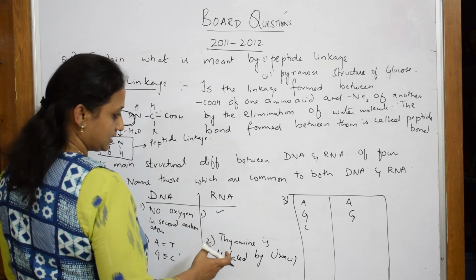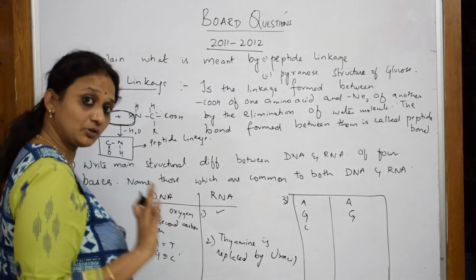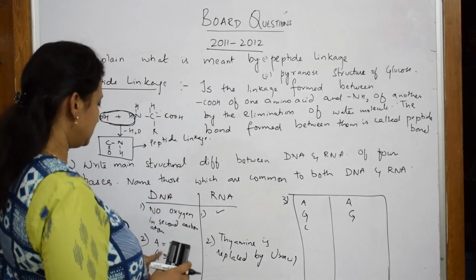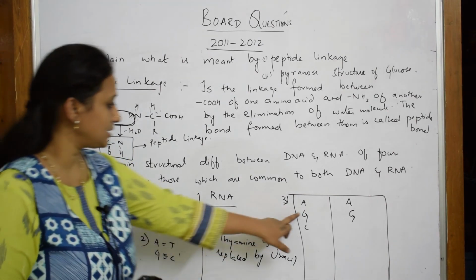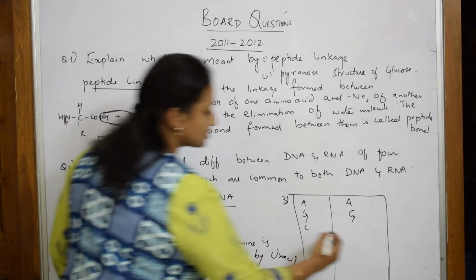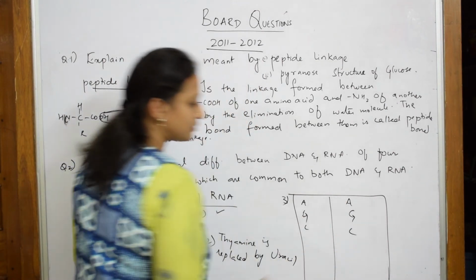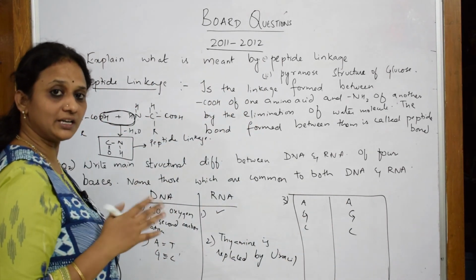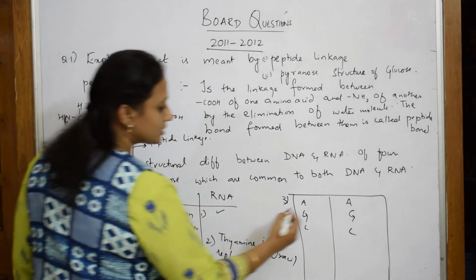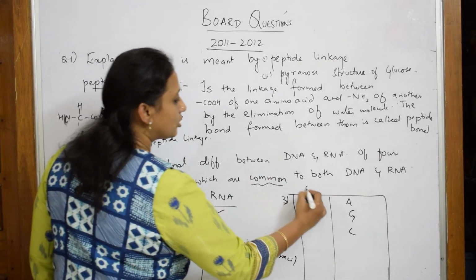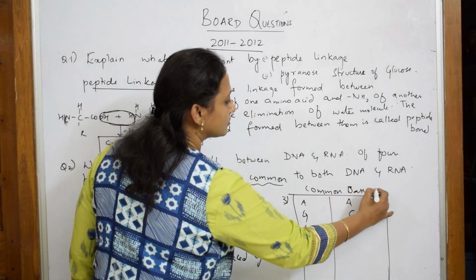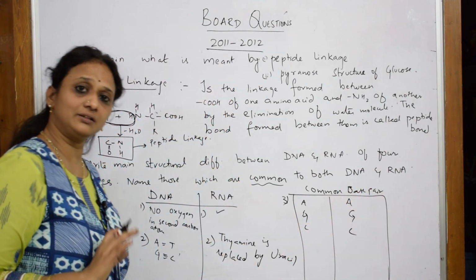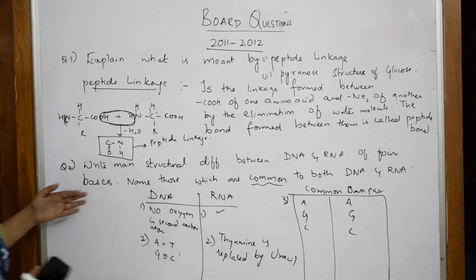They've asked me only common things. I'm not writing the different ones. You should not write the different ones, because they've asked for common terms. So write the common bases. Don't try to write the ones that differ. Yes, please note these two questions.